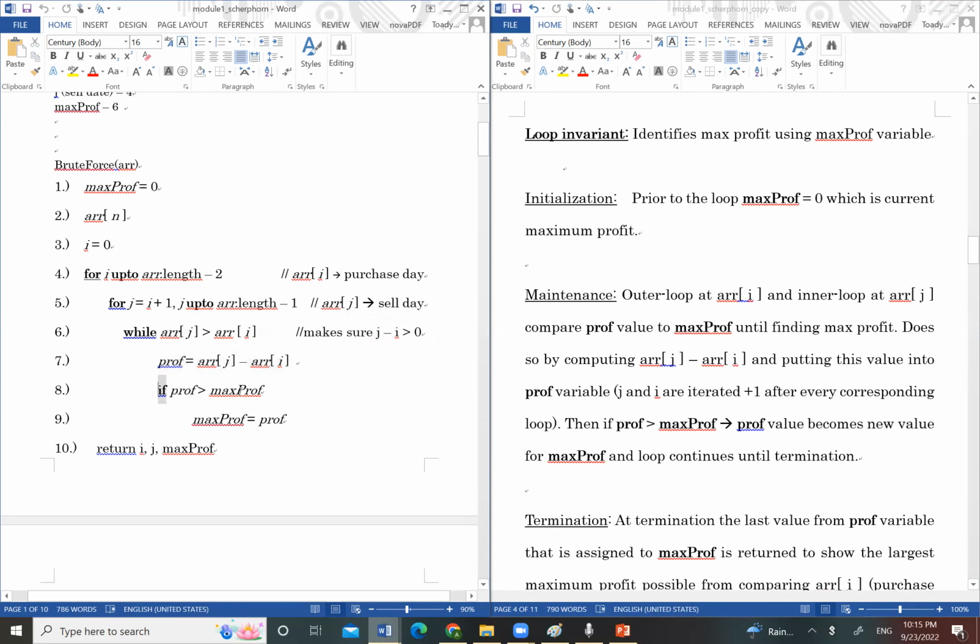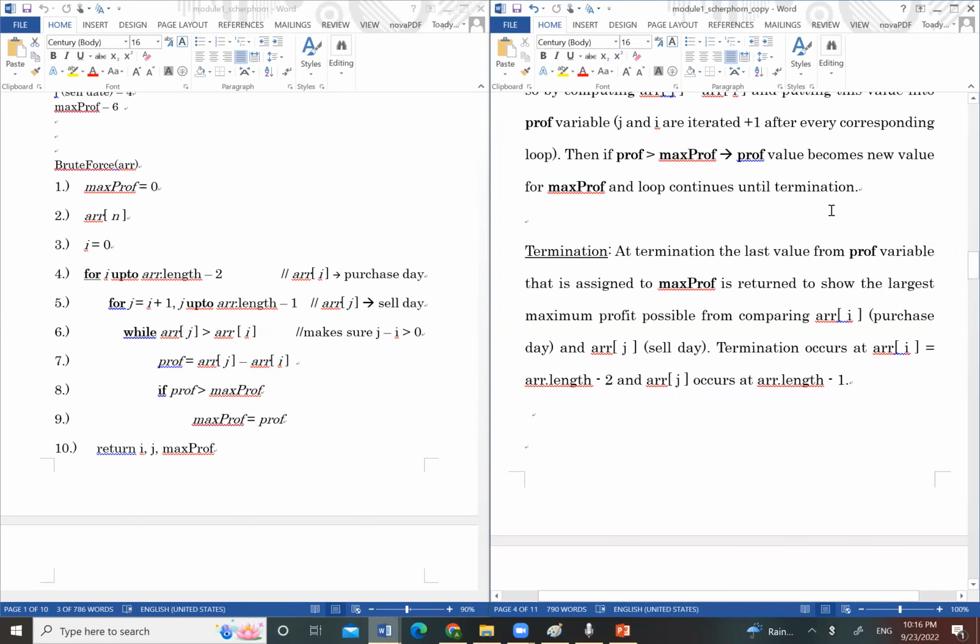And if profit is larger than max prof, then the new max prof is the value of prof. This loop will just continue like this until termination. At the end of each iteration, it's still showing what the max profit is that has been found so far.